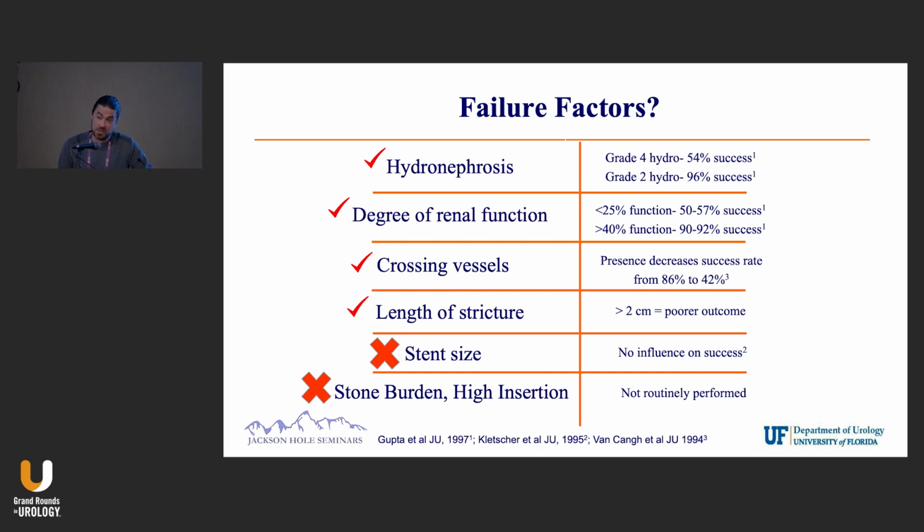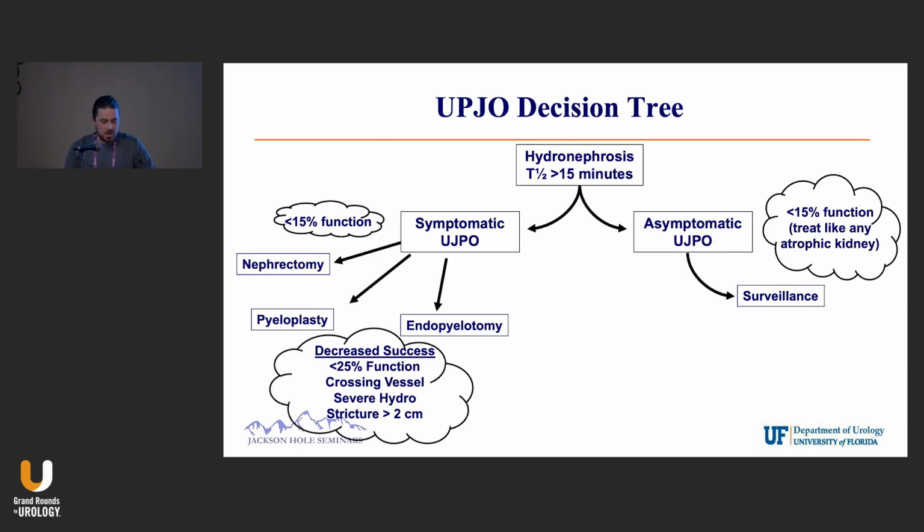Stent size, so what stent you leave at the end of the procedure, and then stone burden and high insertions, those things were not found to be predictors of failure. So we're going to add this to our endopyelotomy decision tree. So not only is it decreased success, but less than 25% function, crossing vessels, severe hydro, and 2 centimeter strictures.